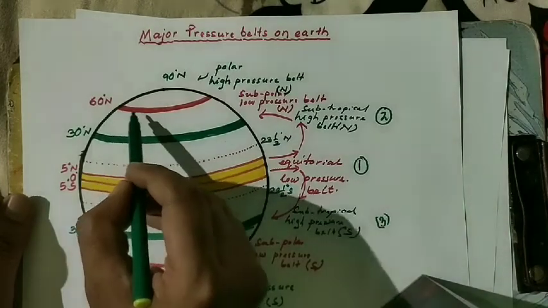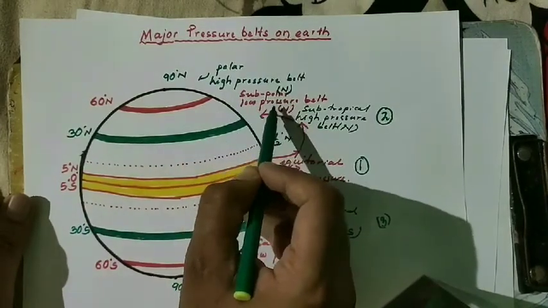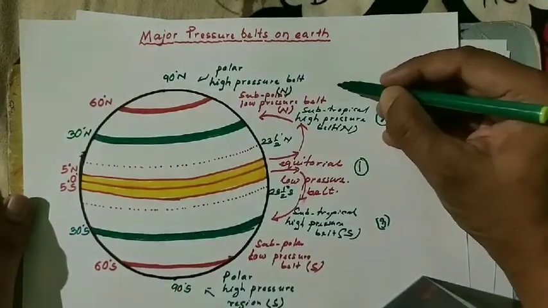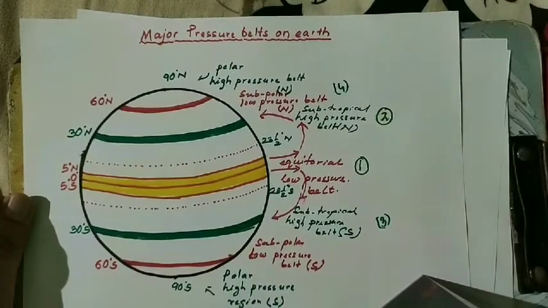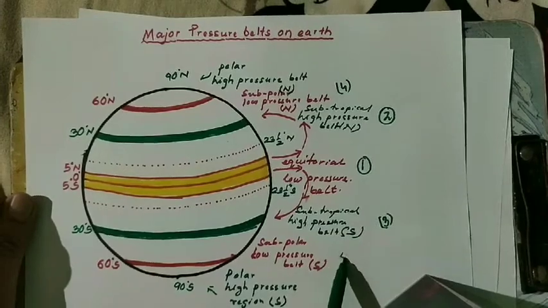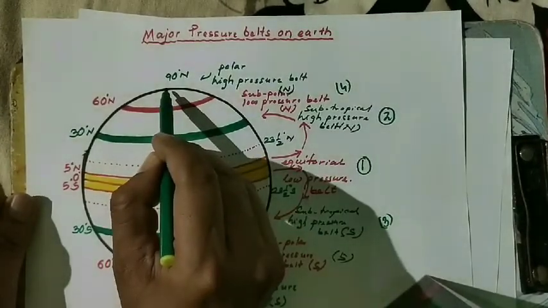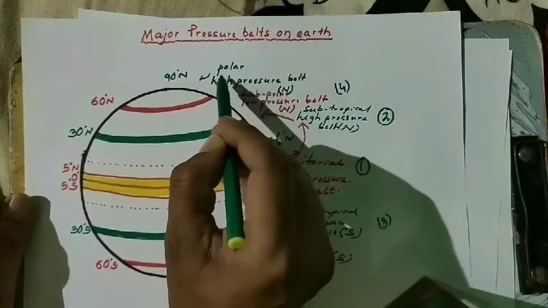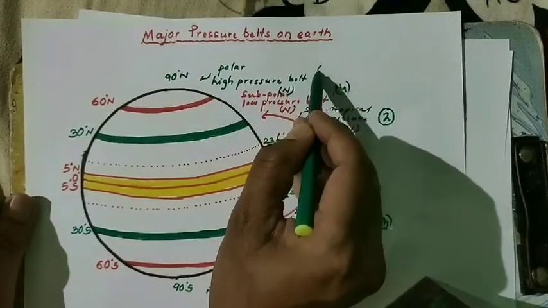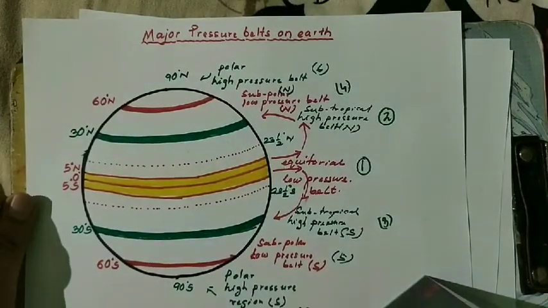Again, at the 60 degree latitude area of the northern hemisphere, there is a subpolar low pressure belt. It is number 4. In the southern hemisphere also, there is a subpolar low pressure belt. It is number 5. At the northern polar region, it is the polar high pressure belt, number 6. At the southern polar region, it is the polar high pressure belt, number 7.